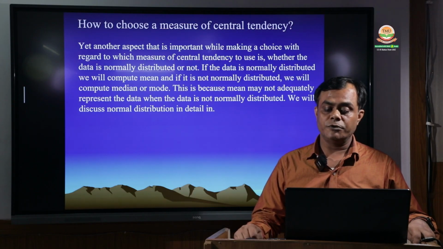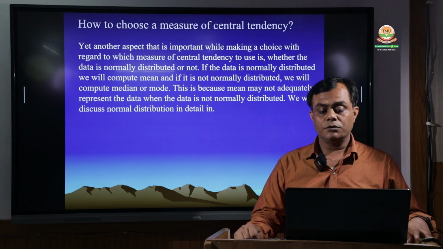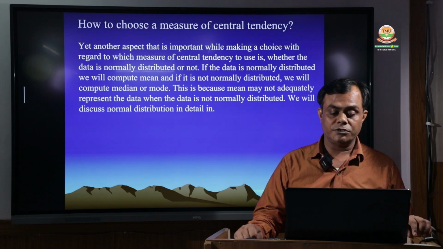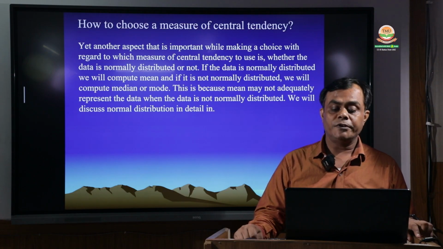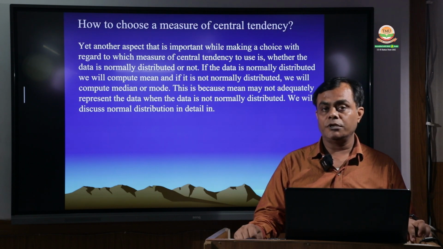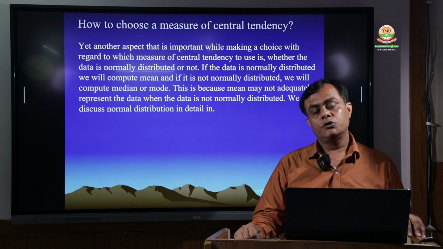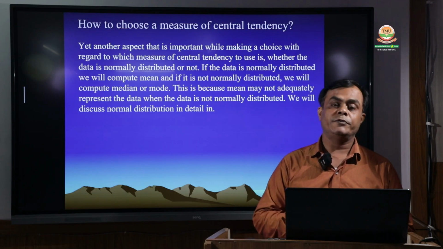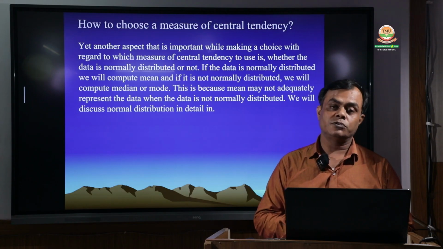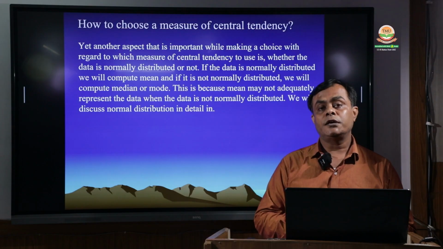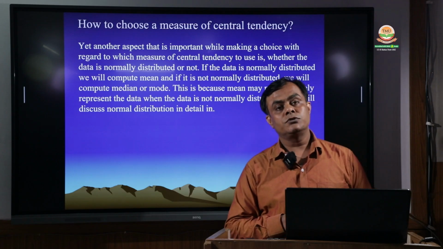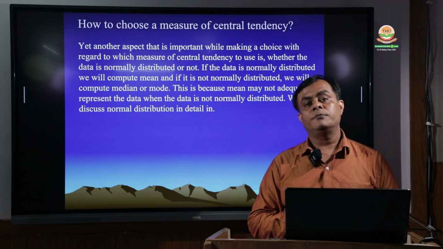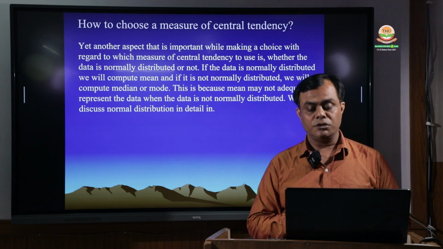We will discuss normal distribution in detail later. So when data is normally distributed, it is easy to calculate the mean value, but when data is not normally distributed, in those cases we have to calculate the median and mode values.